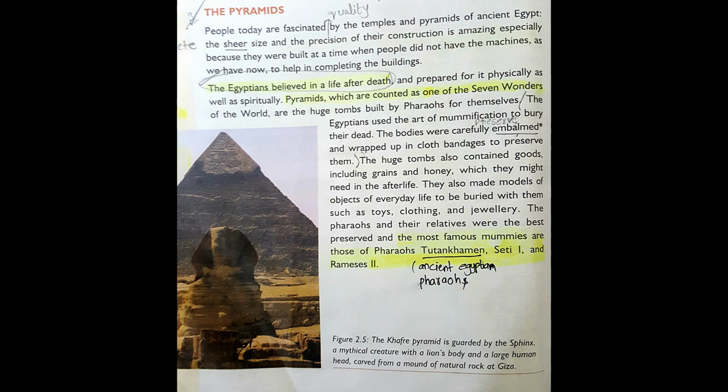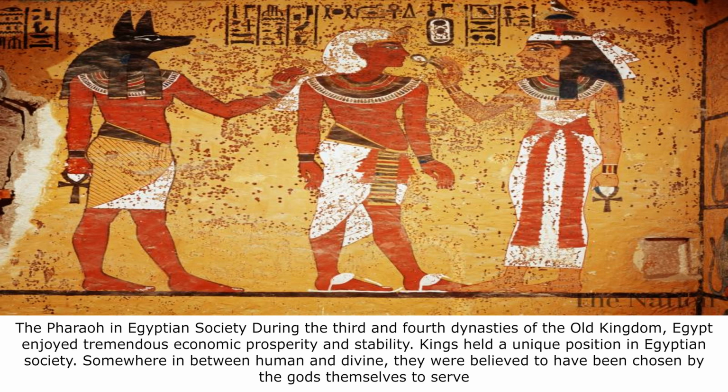The pharaohs and their relatives were the best preserved, and the most famous mummies are those of pharaohs Tutankhamun, Seti, and Ramesses II.